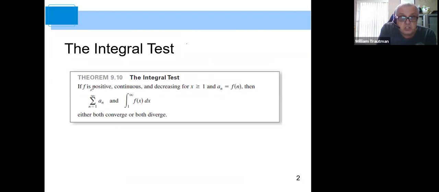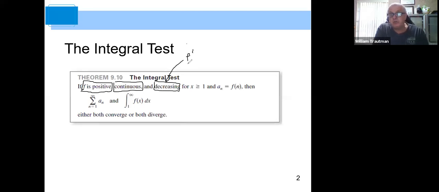So your function has to be positive in order for you to do the integral test. It must be continuous. That means there should be no vertical asymptotes in the problem, and then it must be decreasing. One way of determining if a function is decreasing is to take its derivative, right? The derivative is a slope. If it has a negative slope, then it's decreasing.